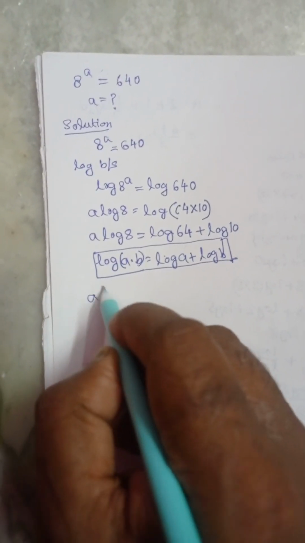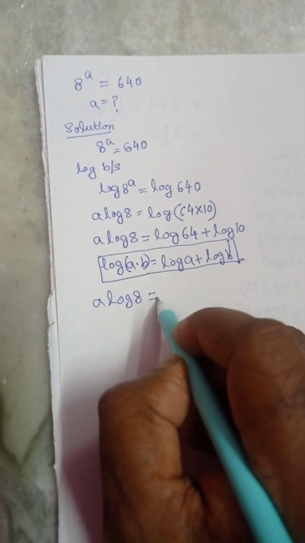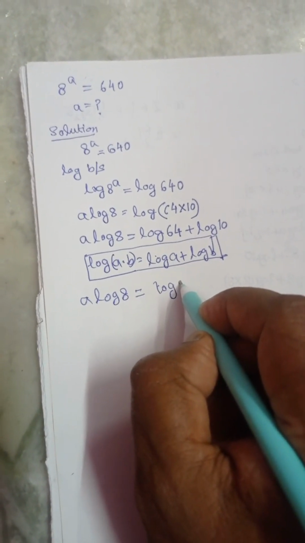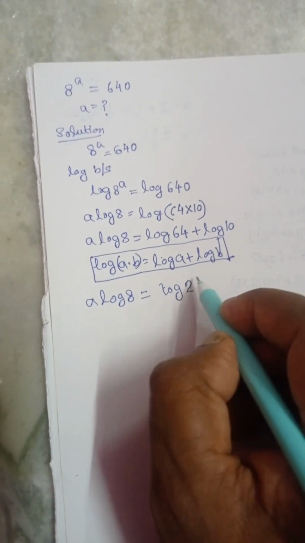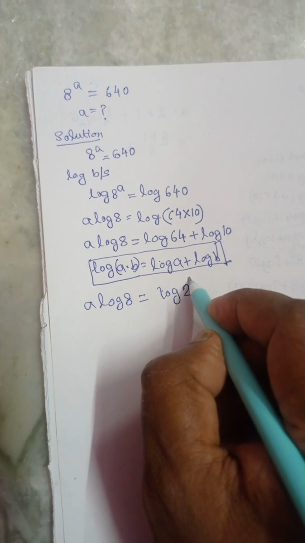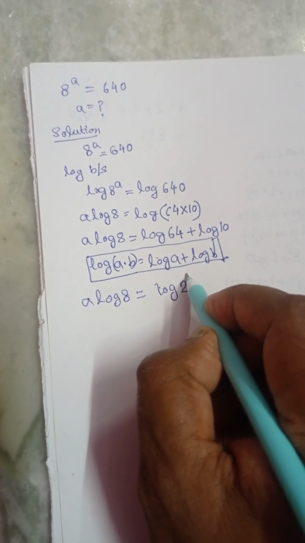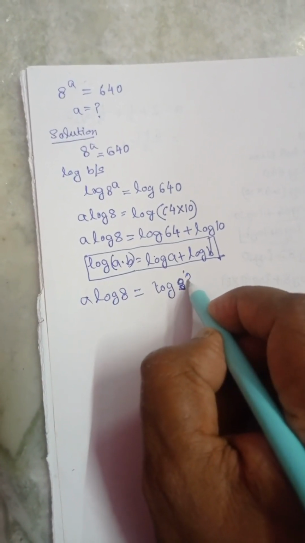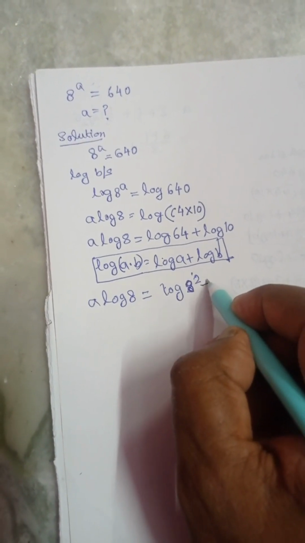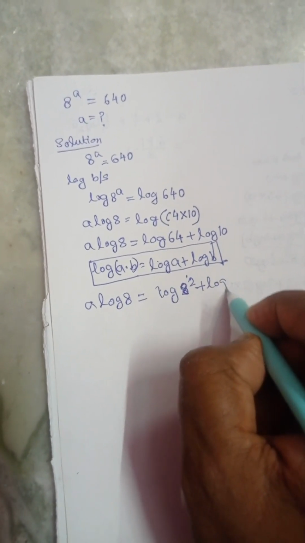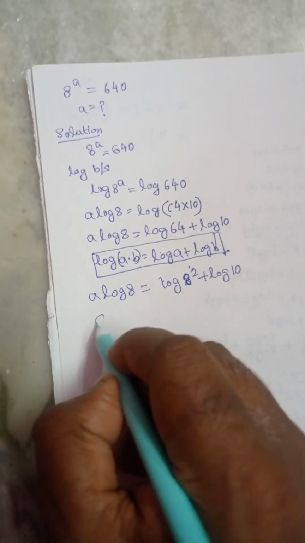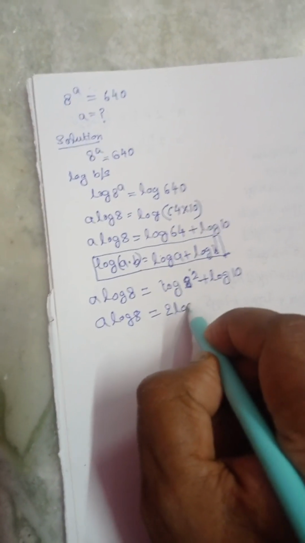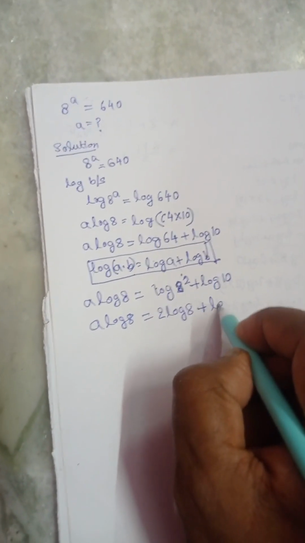Now a log 8 equal to log 8 to the power 2, we can write it, plus log 10. A log 8 equal to 2 log 8 plus log 10.